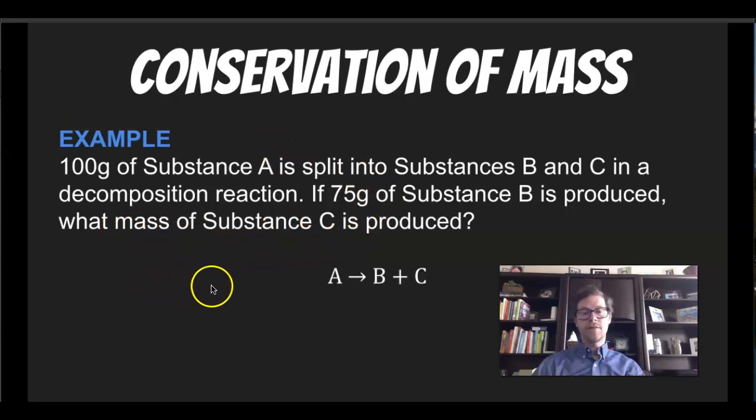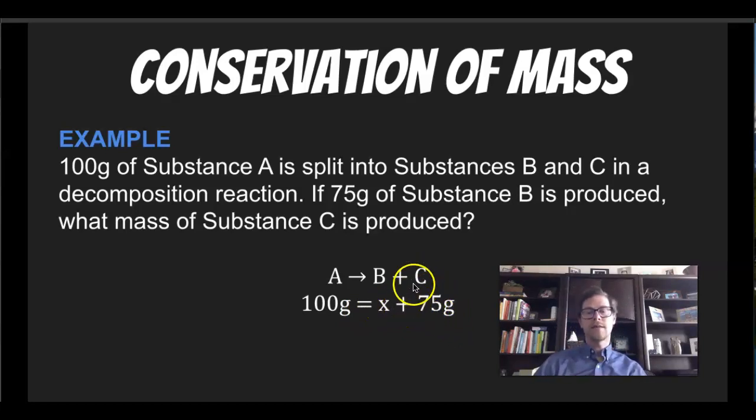And so this is just a very simple algebra problem, if you will. So the reaction we could say is A yields B plus C. There's our decomposition. And so we had 100 grams of A, and we know that it produced 75 grams of B, plus X, right? X would be the mass of substance C that's produced.